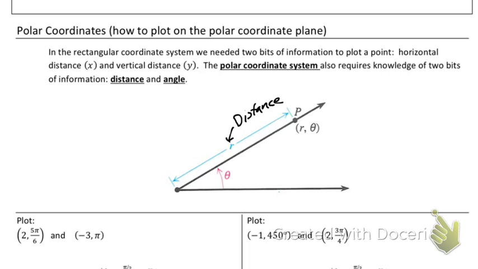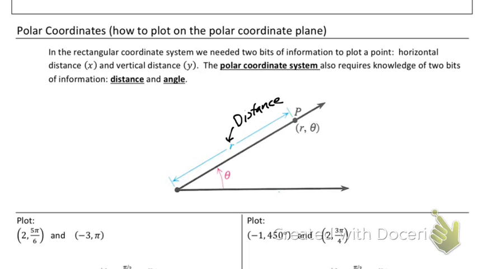And distance can be calculated the same way, and we'll see on the next page. Remember, our distance, magnitude, all that stuff is going to equal the square root of a squared plus b squared, or x squared plus y squared. So this distance is the exact same distance we've been talking about since vectors.